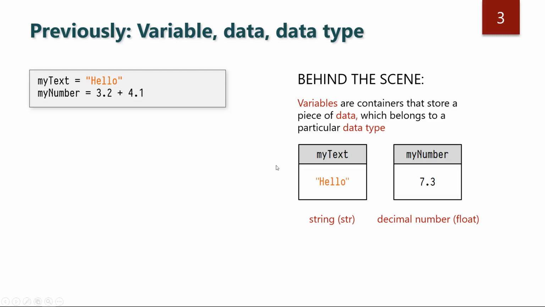So we can change the value. Once the variable has come into existence since our program started running, the value can be changed, but the variable itself doesn't change. The box is still sitting there waiting for the data to be manipulated.